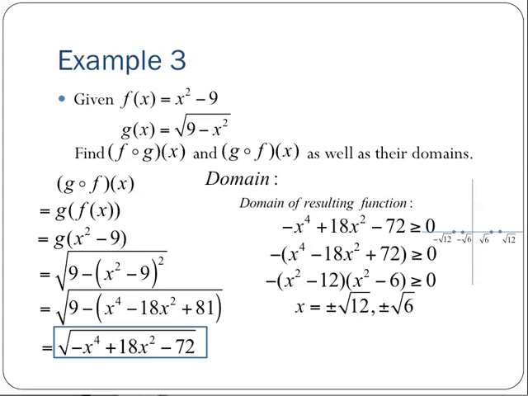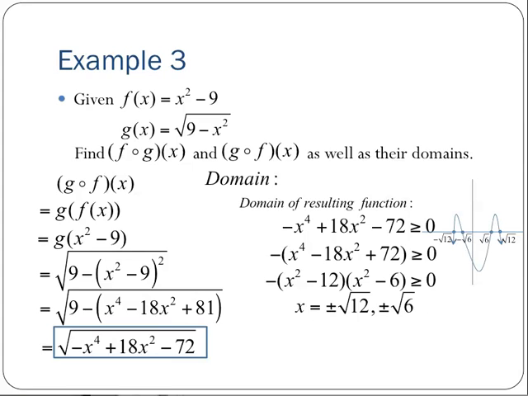Because it's degree 4, we have all 4 of the roots found, and because we have a negative leading coefficient, we know that on either end, the end behavior of the function is going to be down and down. And so it's going to be down on the left, it's going to go through negative root 12, then go through negative root 6, then back up through root 6, and then back down through root 12.